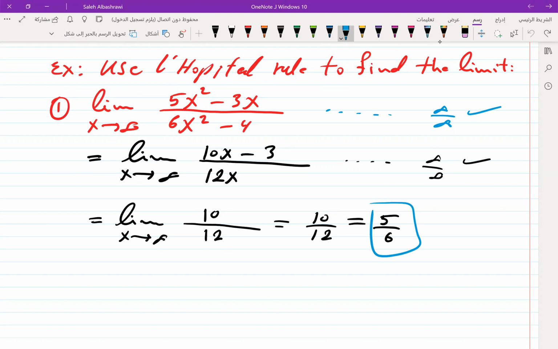And if you remember, when we spoke about the limit at infinity, we said that we take the highest power in the numerator and the highest power in the denominator, and then we can see whether the limit exists or not. And since the powers are equal, the limit equals the coefficient ratio, which is 5 over 6. And we got the same. So the limit is equal to 5 over 6.